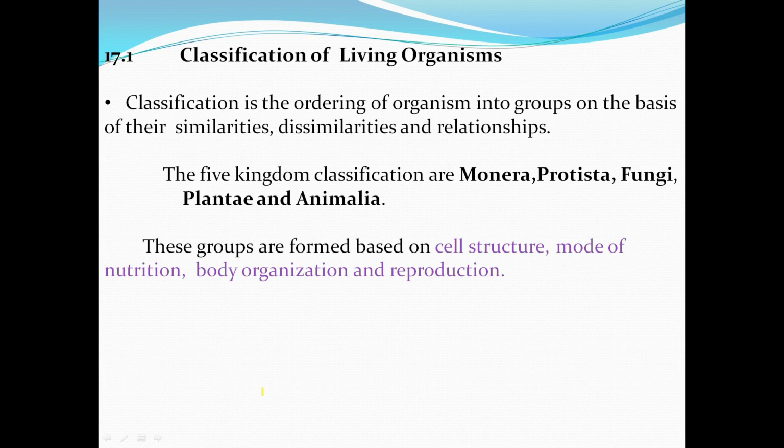In the beginning, all living organisms were classified into a five kingdom system, and they are Monera, Protista, Fungi, Plantae, and Animalia.